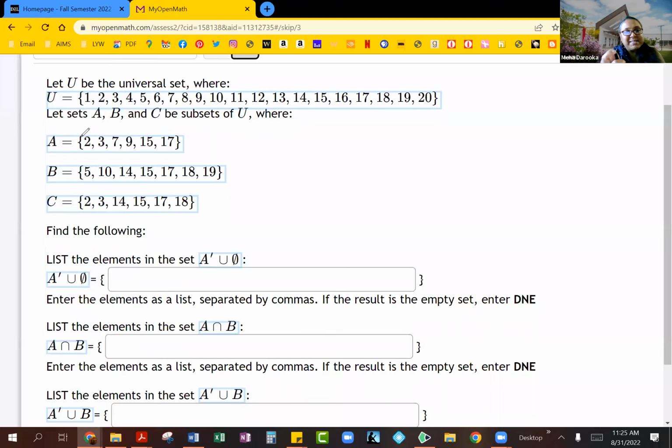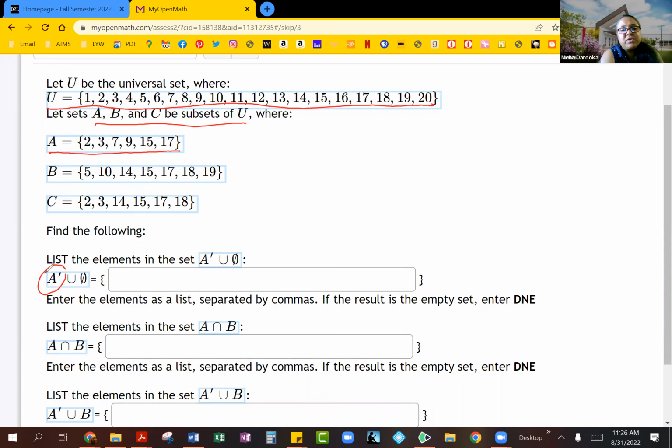So as you can see, set A is defined as these 6 numbers. Here is your universal set. Now, basically, if you look at this, your A, B, and C are all subsets of the universal set, because all the elements that you have in A, B, and C are part of that universal set.